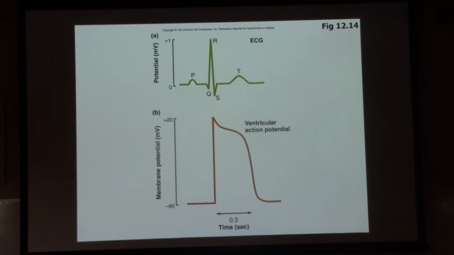So that's very different than what you get with an ECG. But I want to correlate the two so you can put it together in your head. We've got time on the horizontal axis, and potentials on the vertical axis. Right? This bottom one is from a transmembrane reading across the cell membrane.